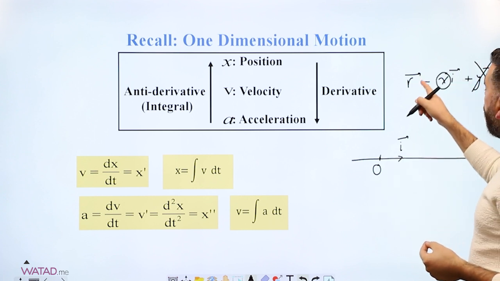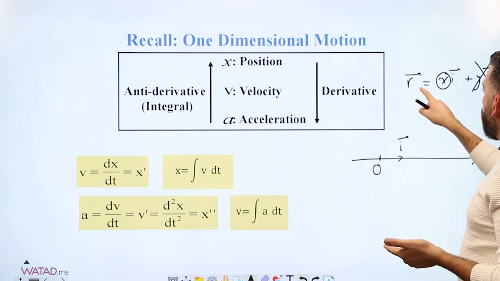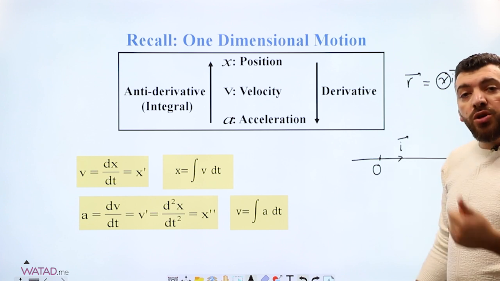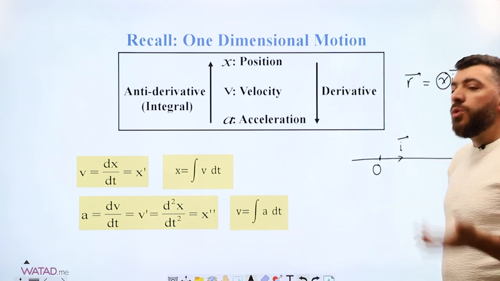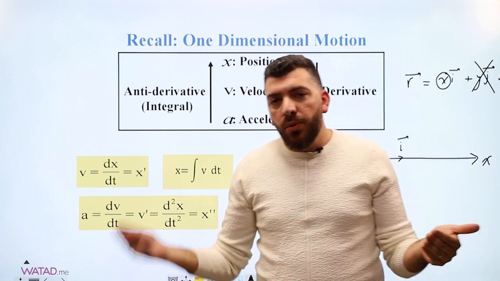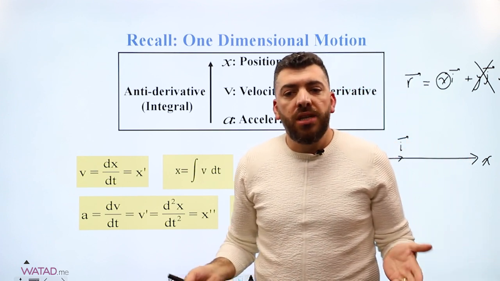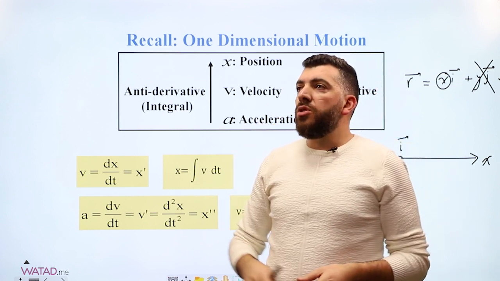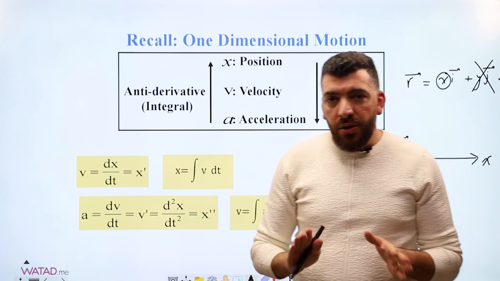Now for the direction, and for simplicity also, since r is here xi, we use only x, and x can be positive or negative. So x is not a scalar quantity. In physics we have scalar quantities and vector quantities. Scalars are those that don't have direction, like mass, for example, or volume. We don't say the volume of the box is 5 meter cube to the left. So volume is a scalar quantity, it's a number only.